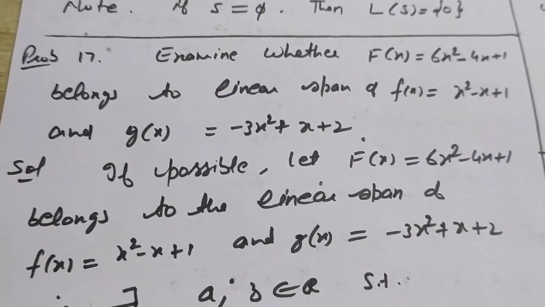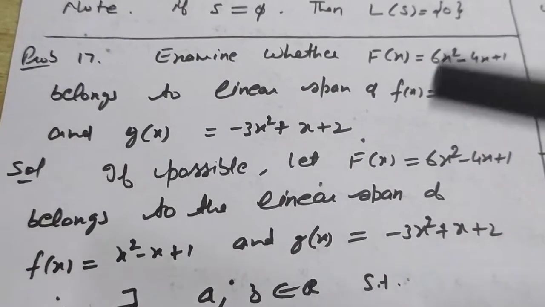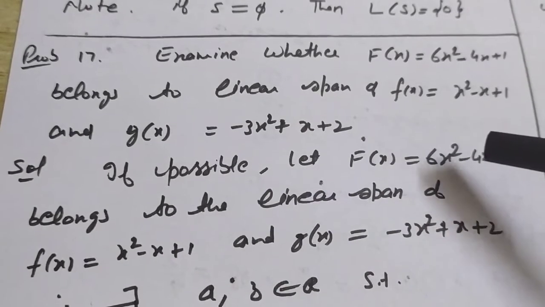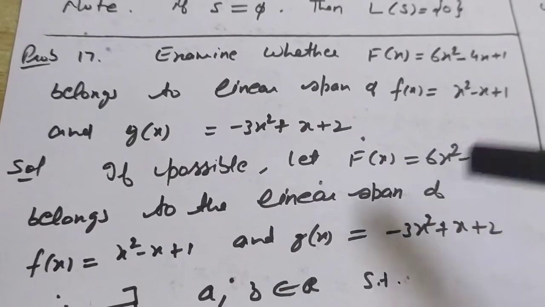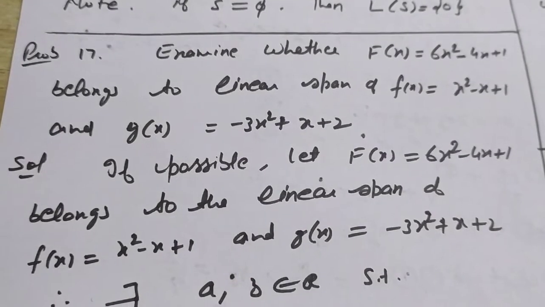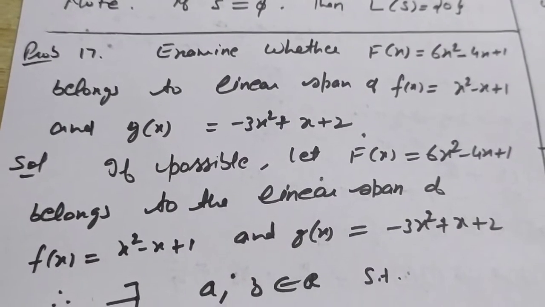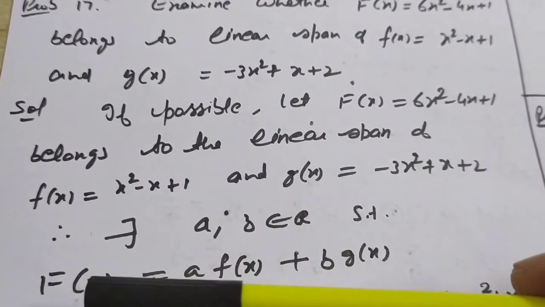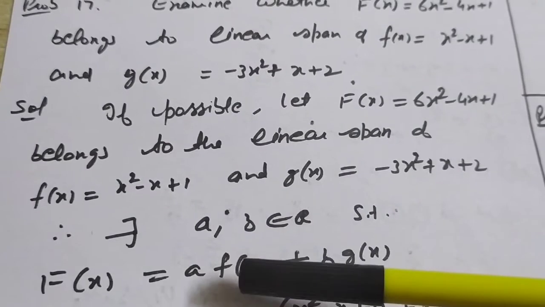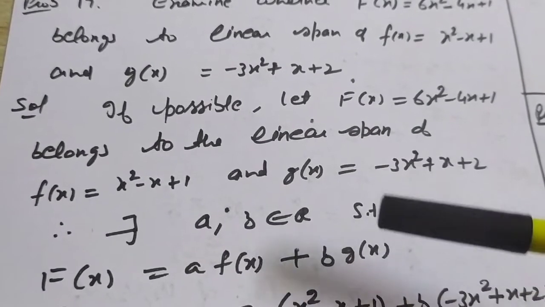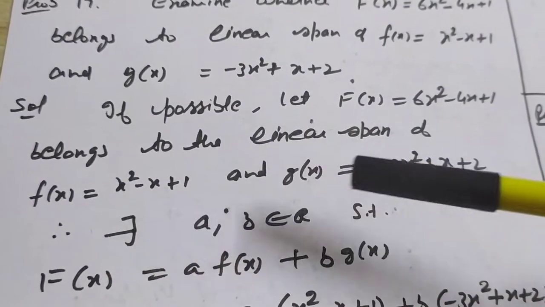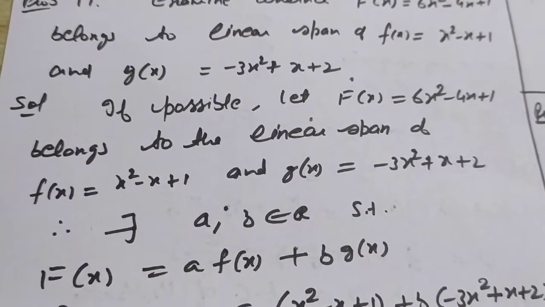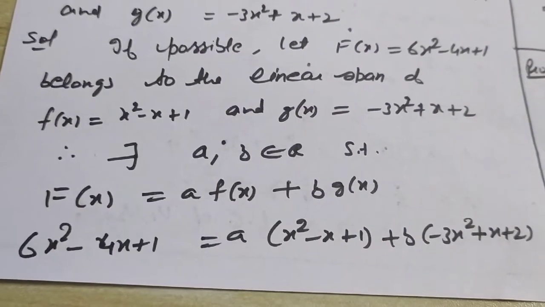If possible, let capital F(x) equal to 6x square minus 4x plus 1 belong to the linear span of small f(x) and small g(x). If it belongs to the linear span of these two items, then capital F(x) can be written as a linear combination of small f(x) and small g(x), with a and b belonging to the field, which here is the real numbers.